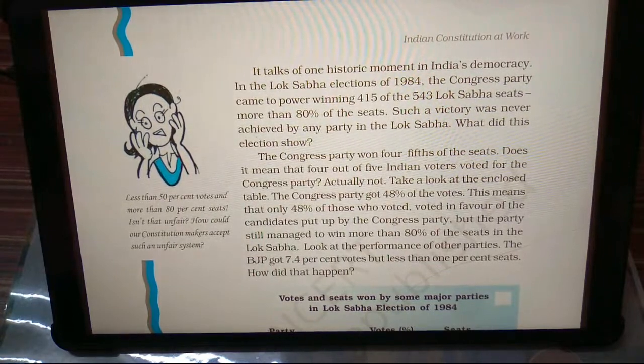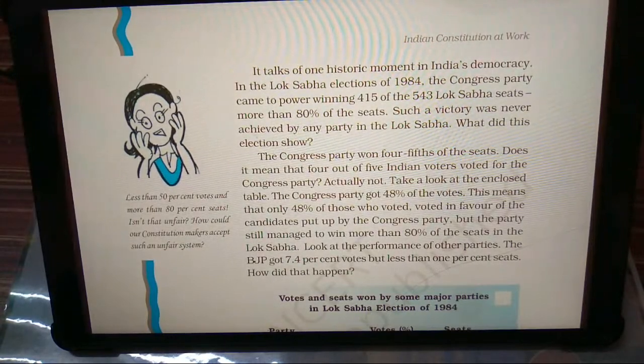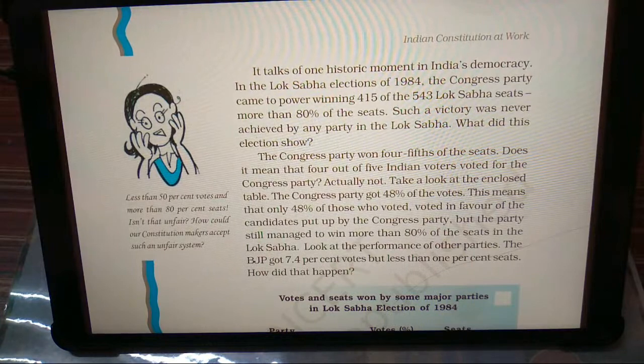Look at the performance of other parties. The BJP got 7.4% votes, but less than 1% seats. How did that happen?